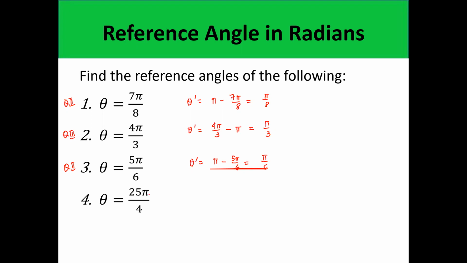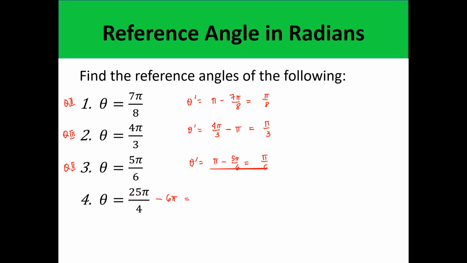And fourth, we have 25 pi over 4. Now, 25 over 4 is 6 point something, and that's going to be higher than 2, which means that this angle is not between 0 and 2 pi. So we need to subtract 6 pi first from this angle to get an angle coterminal to 25 pi over 4.